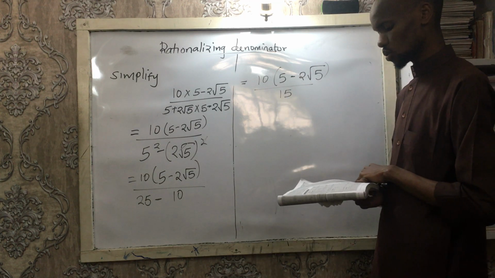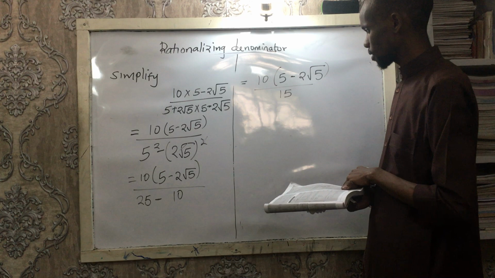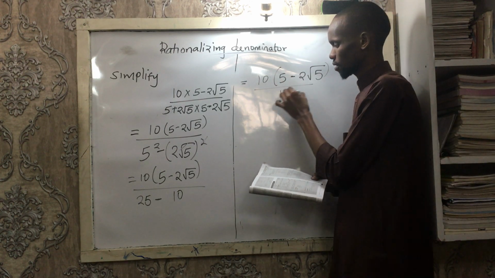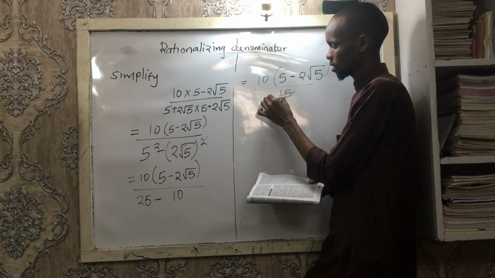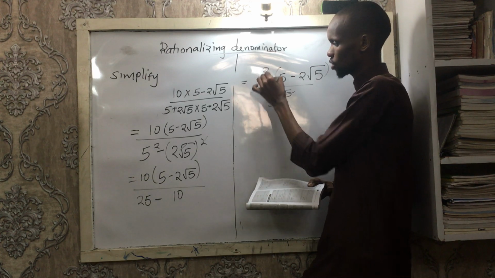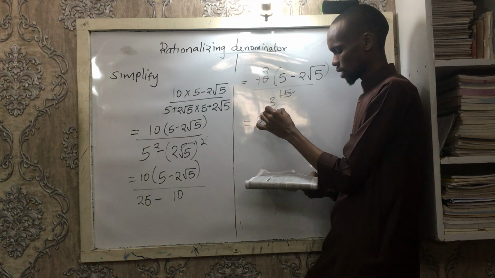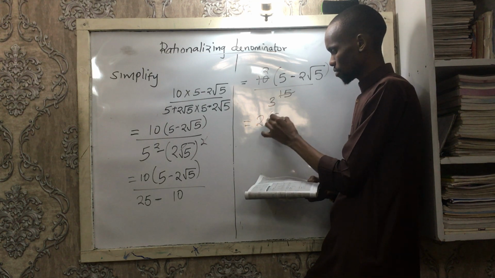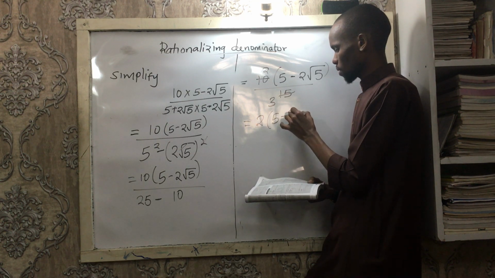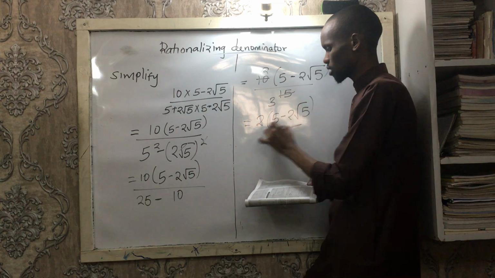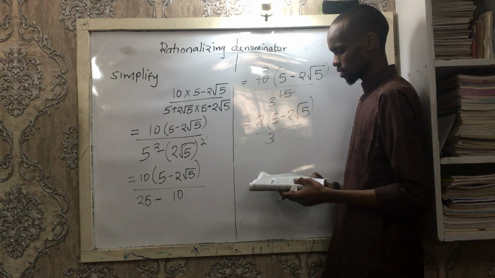So we need to reduce the numerator by 5: 10 divided by 5 gives 2. And then into bracket 5 minus 2 root 5 over 1.